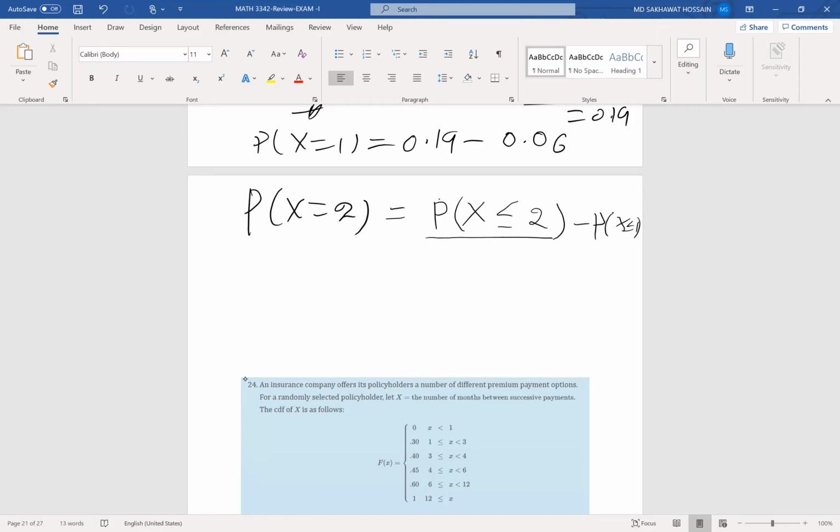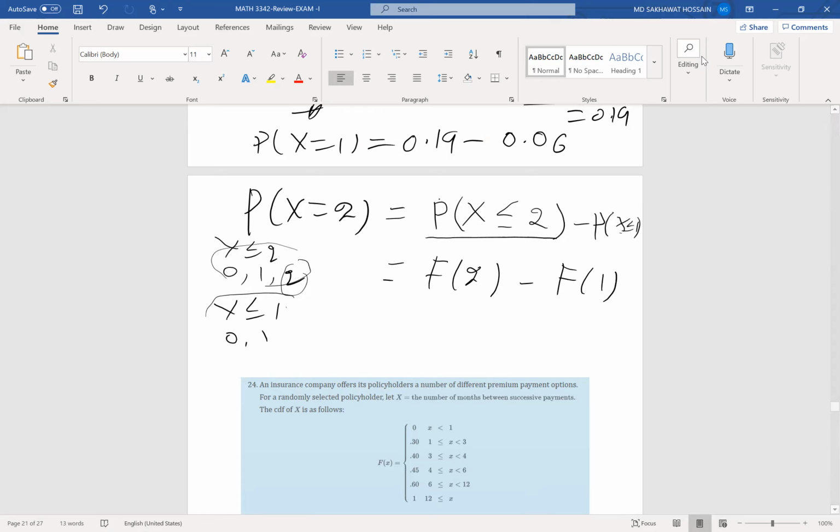Because for x less than or equal to 2, the possible values are 0, 1, 2, and for x less than or equal to 1, the possible values are 0 and 1. If you subtract one from the other, you get the probability of x exactly equal to 2. So this means f of 2 minus f of 1.